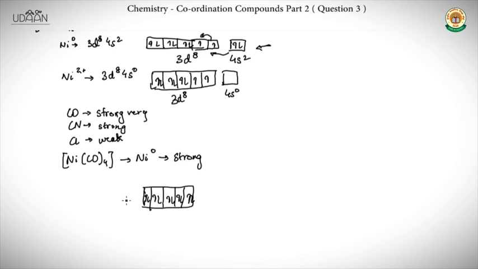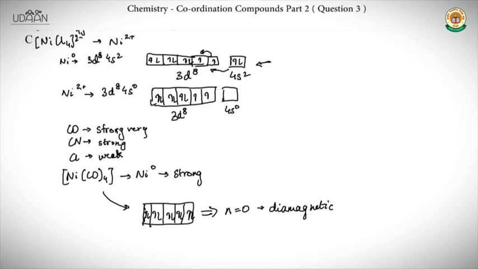So this will be the net configuration for this particular compound. This is only caused by ligands which are termed strong field ligands. Carbonyl is very strong, and can actually cause pairing from 4s into 3d as well. This is something you must remember. So there are no unpaired electrons in this case, and thus it is a diamagnetic compound. So that is the first part of our question. A part we are done.